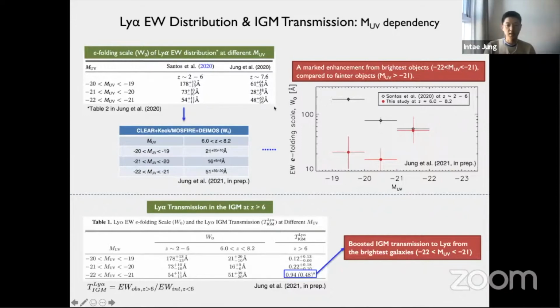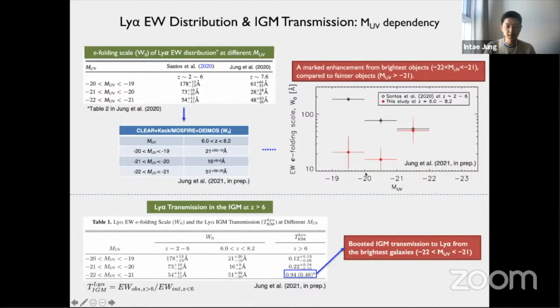Now, with the CLEAR data set, also including the Keck DEIMOS data set, we comprise a spectroscopic data set of more than 200 galaxies at redshift of 6. So this allows us to constrain these quantities at a higher confidence level. In the table here, I'm showing the e-folding scale measured in different UV magnitude galaxy groups, also displayed in the right panel.